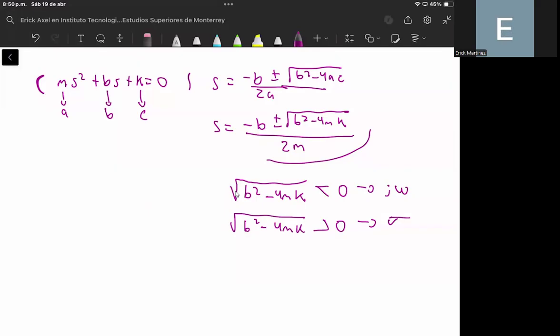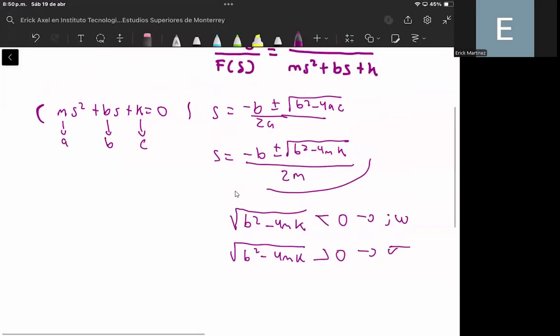If I use a very big damping coefficient, I will get a positive root. But in case I am using a very small damping coefficient, the value inside this root will be lower than 0, and I will get oscillations in the response of my system.